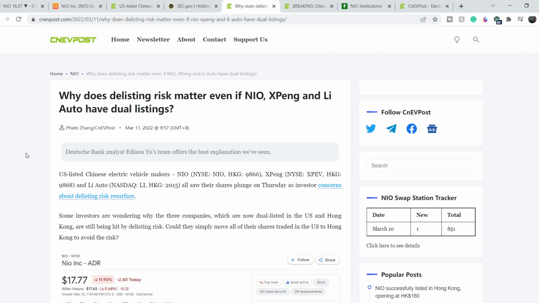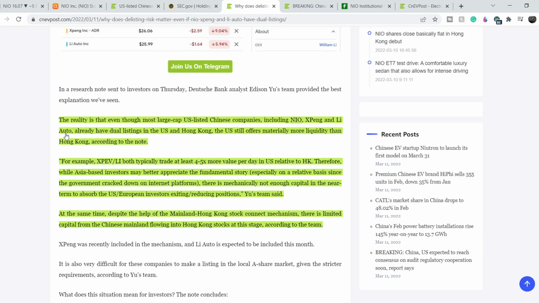And some investors might wonder why it cannot help with the US exchange delisting, and let me show you this. The reality is that even though most large-cap US-listed Chinese companies, including NIO, XPeng and Li Auto, already have dual listings in the US and Hong Kong, the US still offers materially more liquidity than Hong Kong, according to the note.